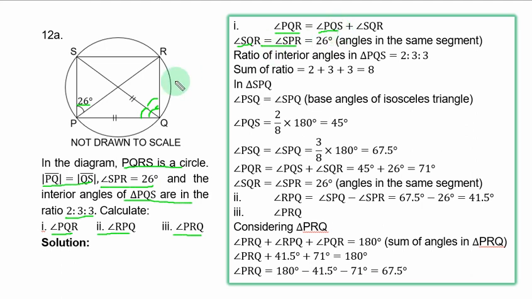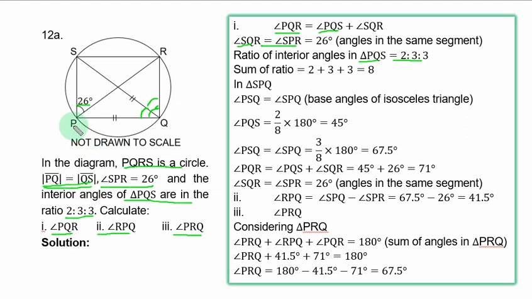Now to get PQS, you need to visit triangle PQS, and in that triangle the interior angles are given in ratio 2:3:3. You know why you have 3 there. Now you were given that PQ is equal to QS.